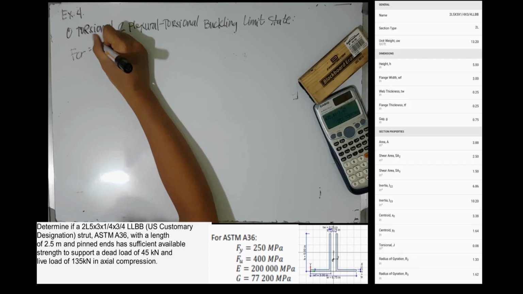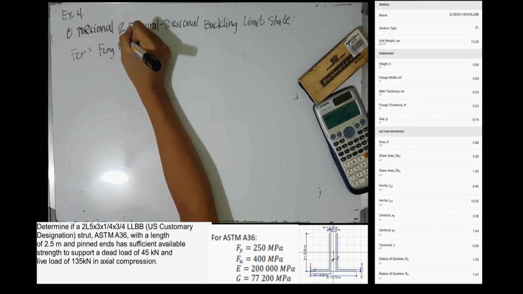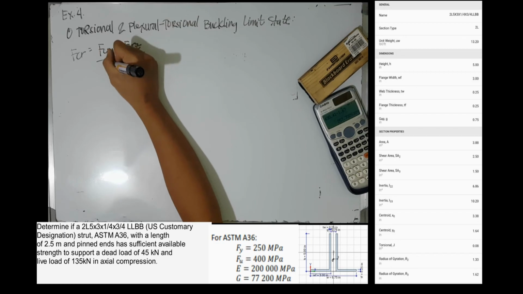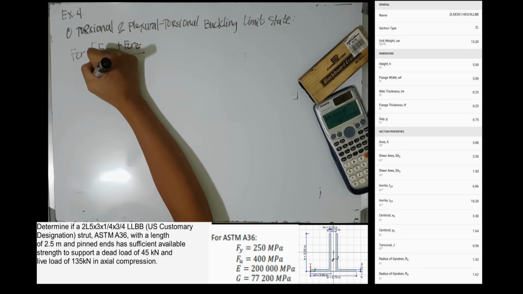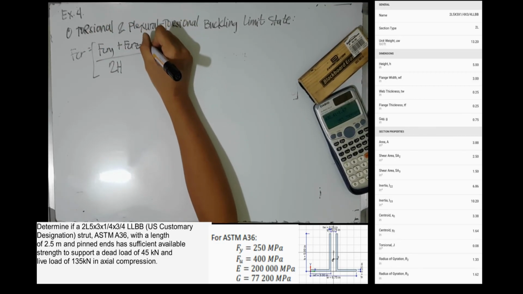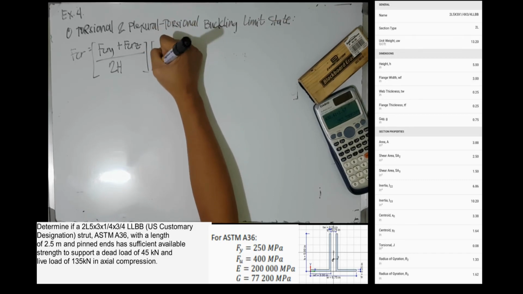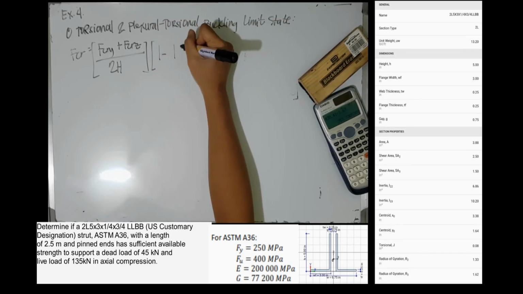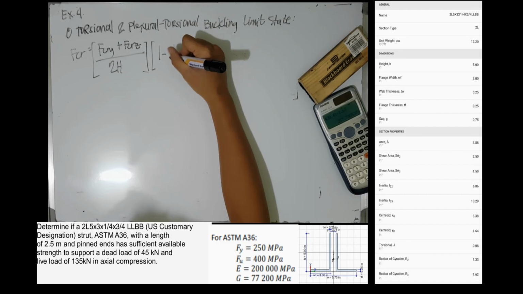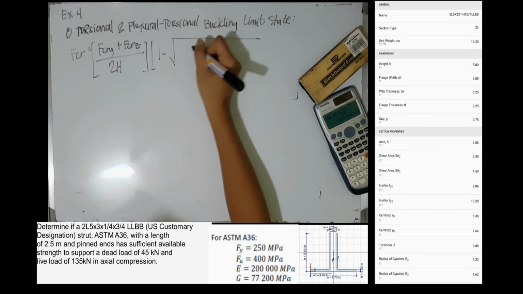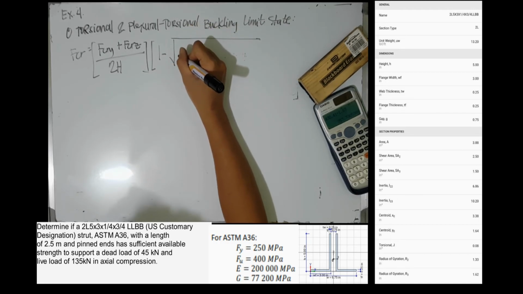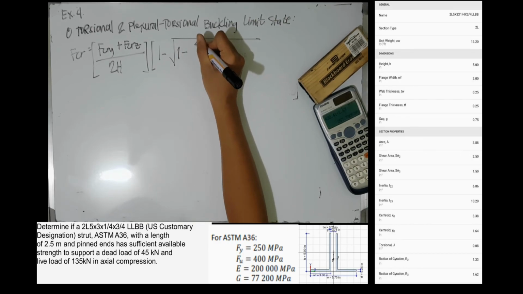So let us now proceed to the torsional and flexural torsional buckling limit state, on which our buckling stress is or can be determined using this formula. So open your NSCP, makikita niyo doon, na-discuss kanina.